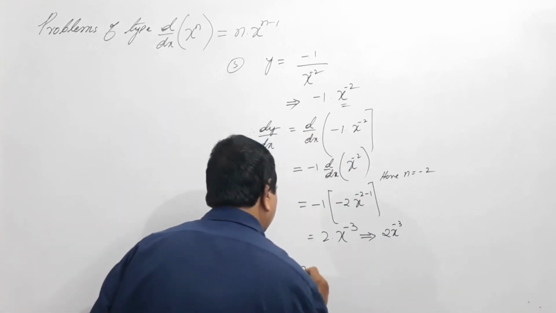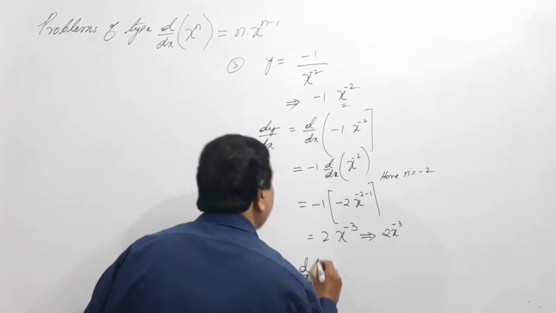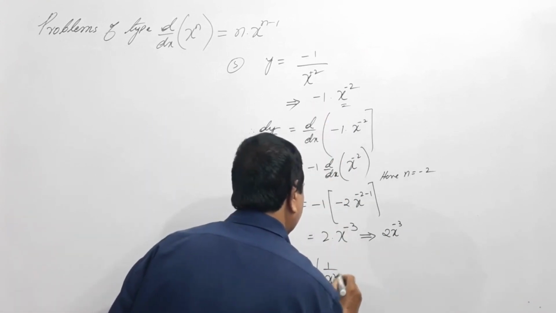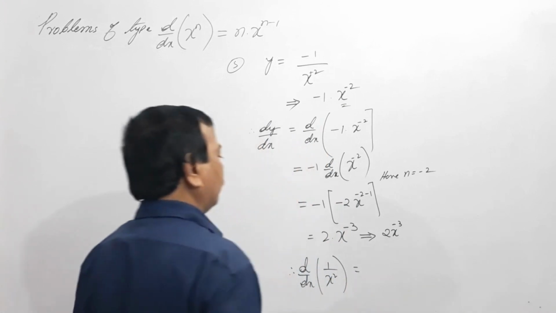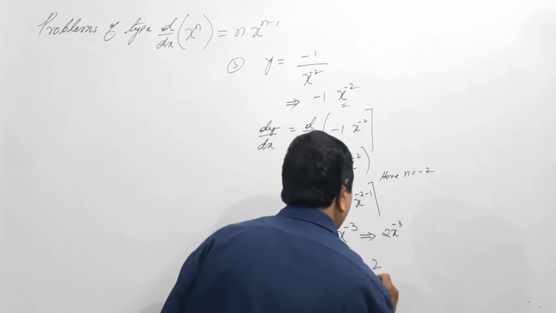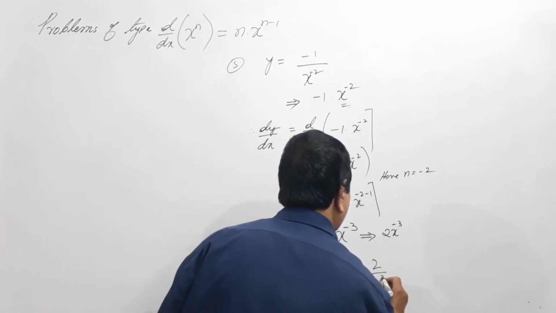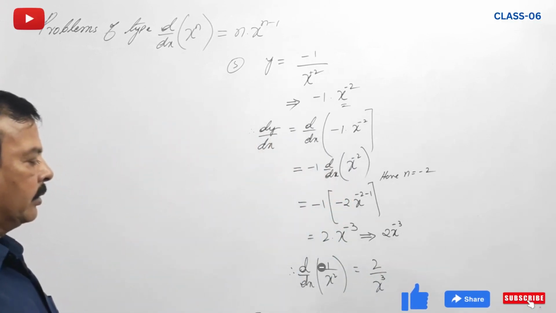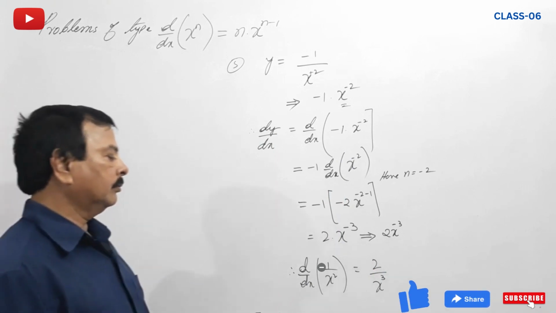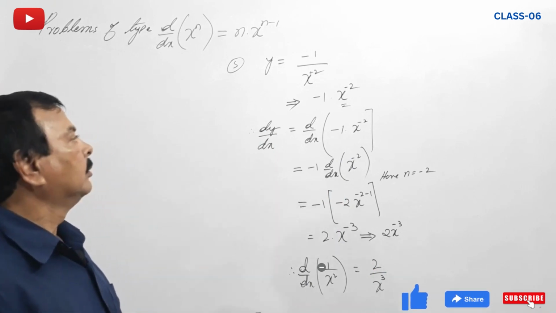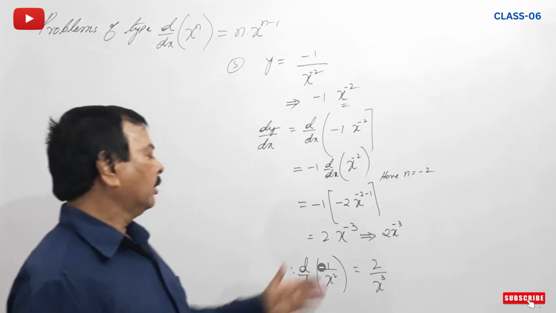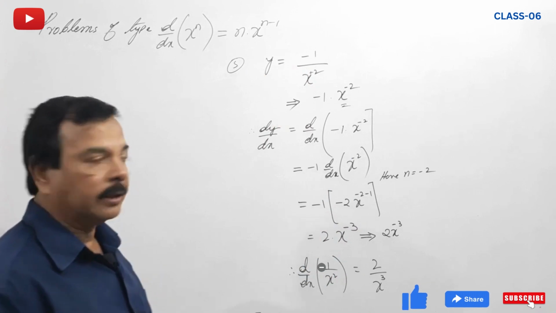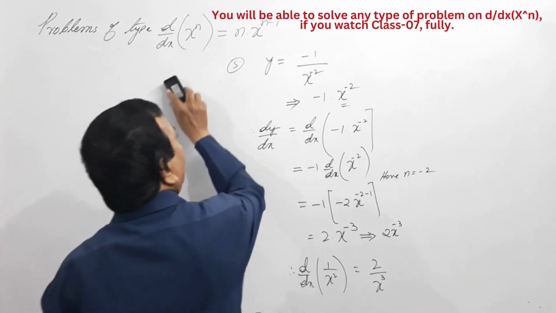So therefore, d by dx of minus 1 by x square equals 2 by x cube. Done? Similarly, when you get problems like this, try to bring it to the standard form and solve it. Now, let us go to problem number 6.